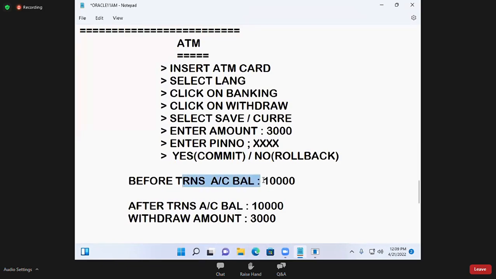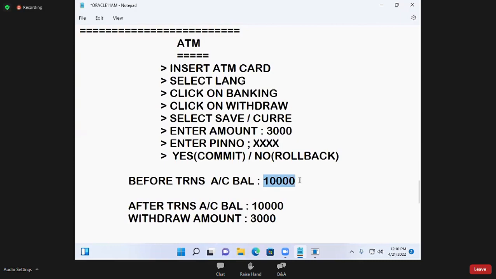Before transaction how much, after transaction how much, how much you withdrew, 10 plus 3. Is it satisfied? Is the calculation wrong now? Yes. Actually, my balance is 10,000, and I already took 3,000. Remaining, I want to show 7. But how much is showing? Again 10 is showing. So again 10 plus 3,000.